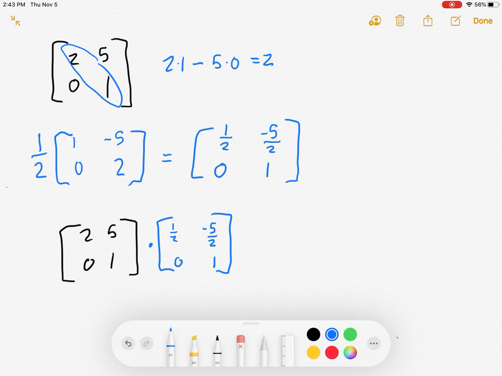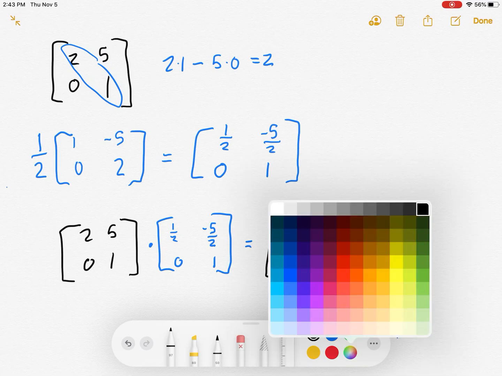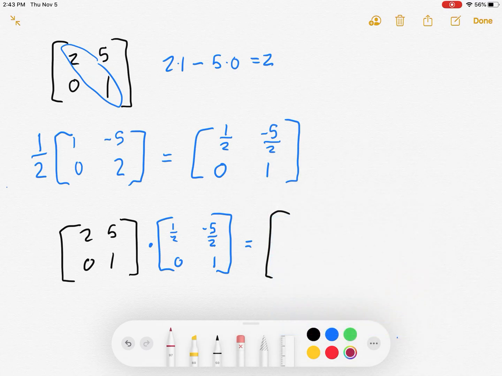Let's go ahead and just multiply them together and see what happens. So remember matrix multiplication. We multiply the first row by the first column and add them together. So we get 2 times 1/2 plus 5 times 0. We do the same thing for the next row and the next column to find the next point.